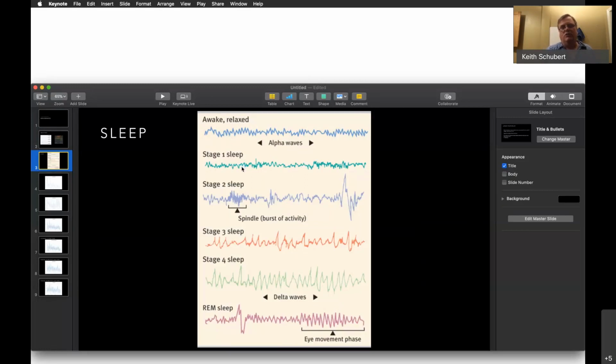That's often what you'll see: a few theta waves kicking in every now and then, slower waves coming in, and then a little burst of activity. So when you're first dropping off to sleep, at stage 1 sleep, this is very characteristic. Your brain's getting a little quieter and starting to move into this on-off rhythm.